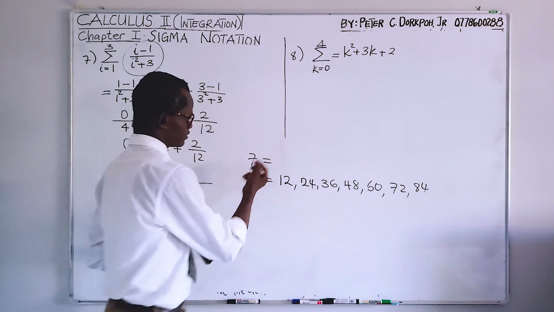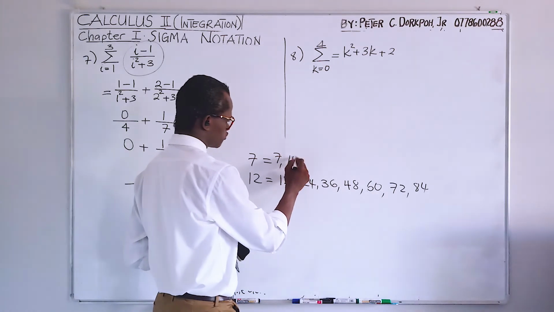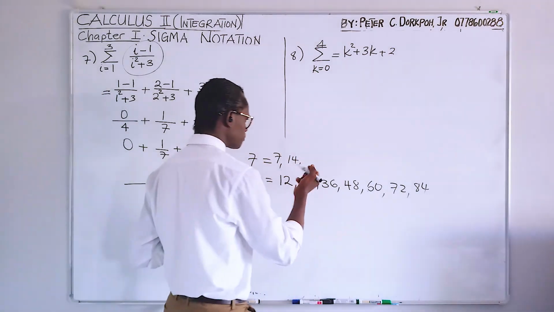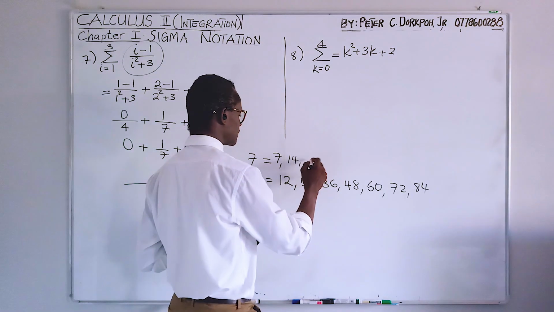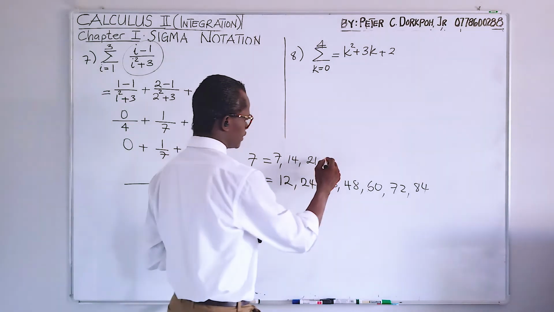Right? Now 7: you add 7 to 7 is 14. 7 to 14 is 21. You add 7 to 21 is 28.